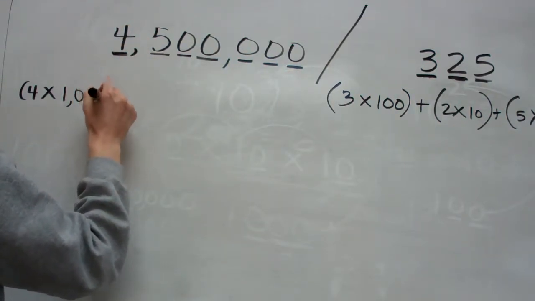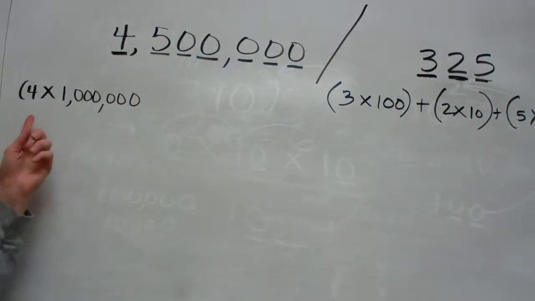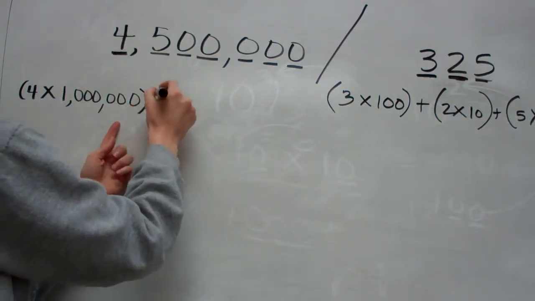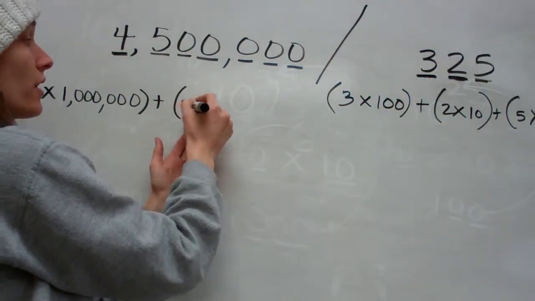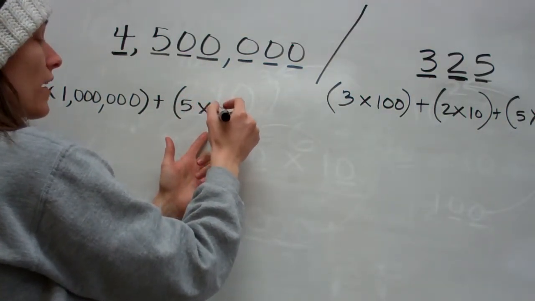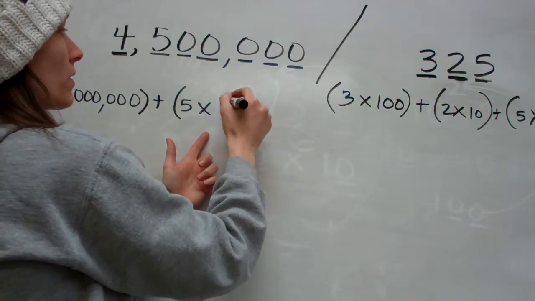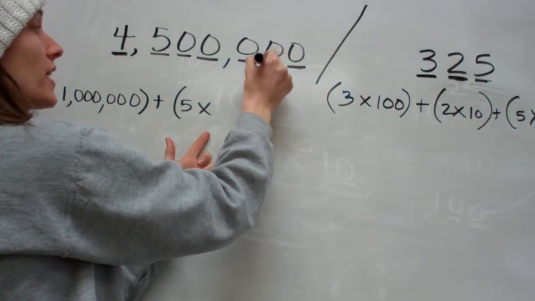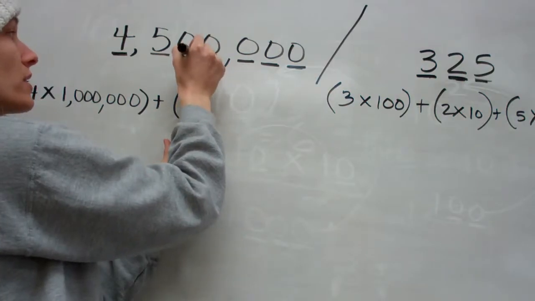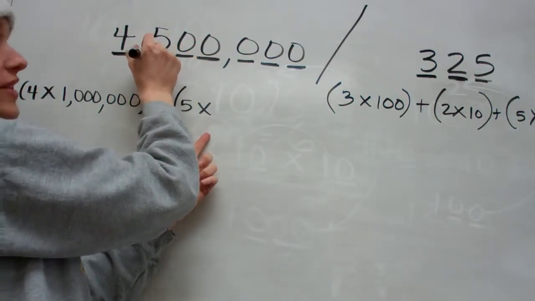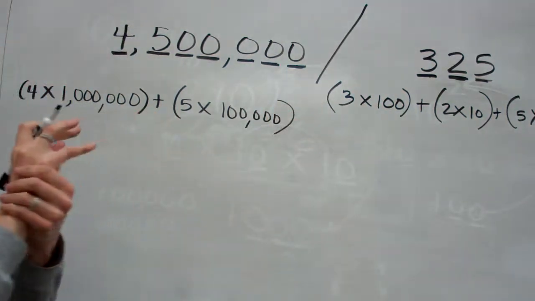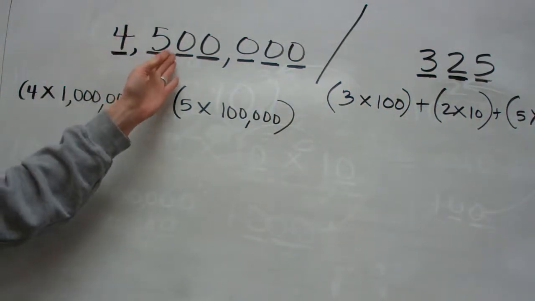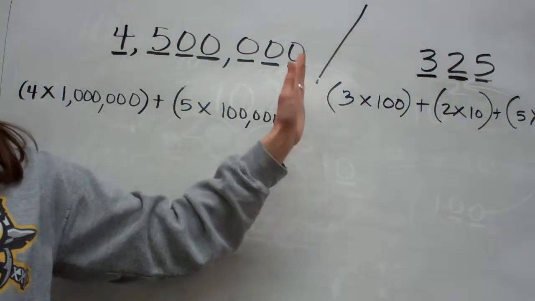Can everybody see that? Okay. Plus, now what? 5 times 100,000. 1, 10, 100, 1,000, 10,000, 100,000. Am I done? Yep. Why? Because there are no more zeros.